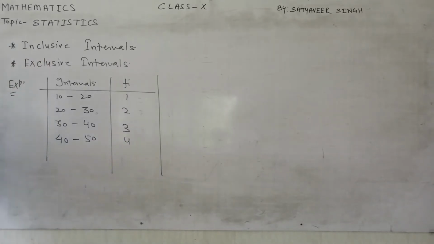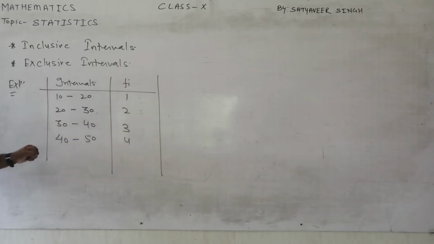See student, in this kind of series and intervals, this is called exclusive intervals because here the upper limit we have used in the second interval as a lower limit.